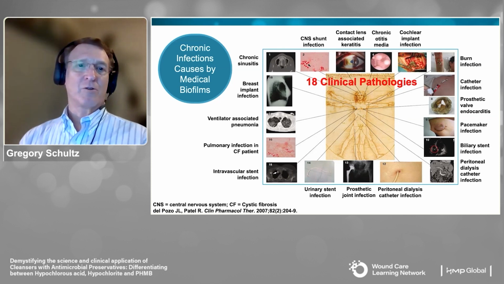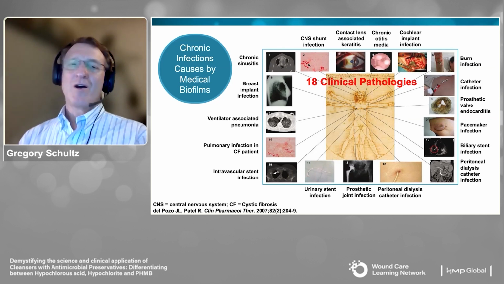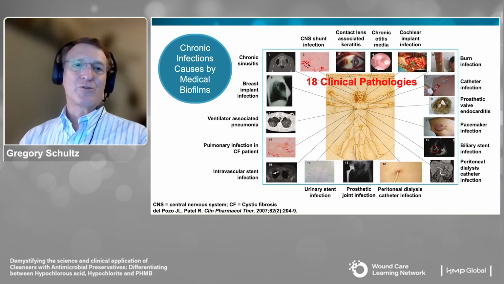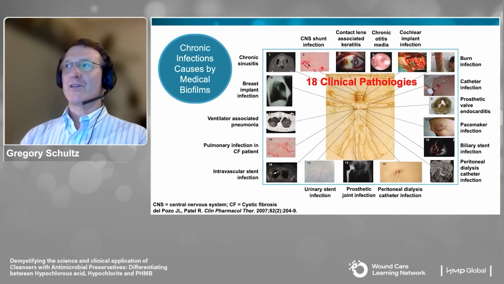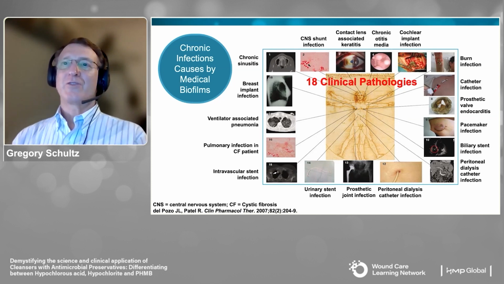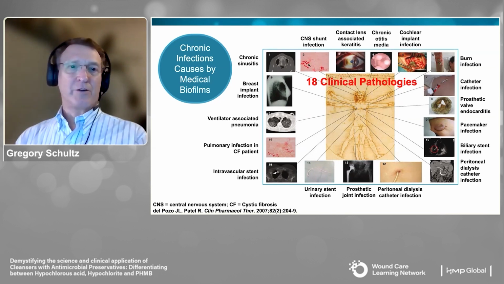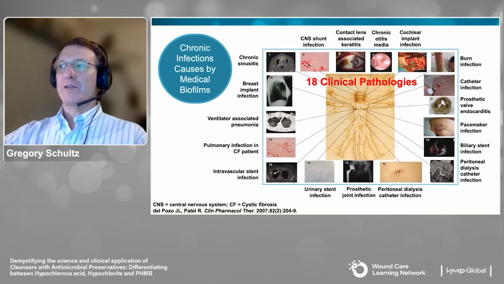Everything that our otolaryngology colleagues know, from chronic sinusitis to our orthopedic colleagues, the prosthetic joint infection, essentially every tube that goes through the body, whether it's a urinary stent or a catheter of some type, will actually eventually become colonized, and the bacteria will convert into a biofilm phenotype.